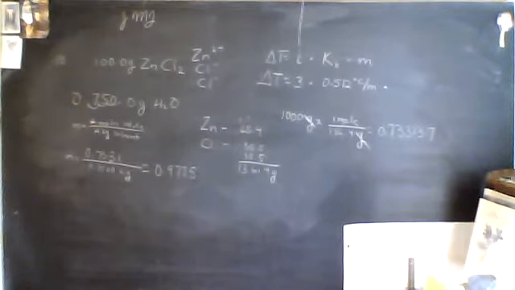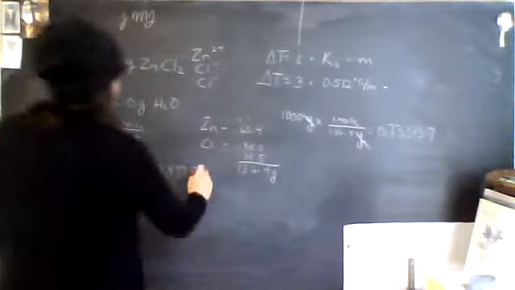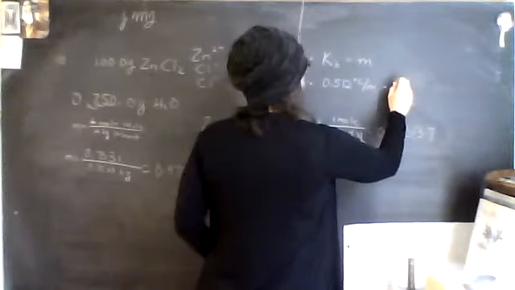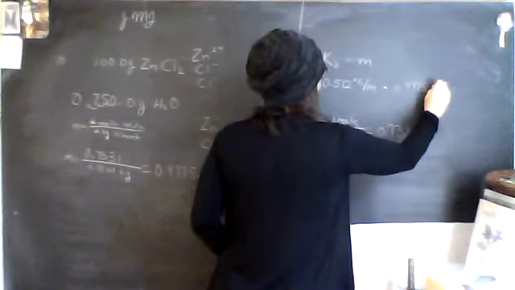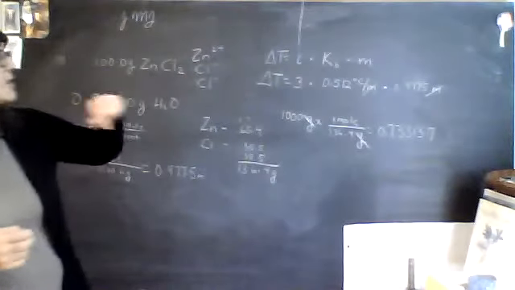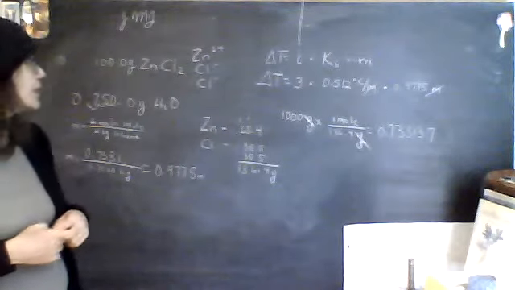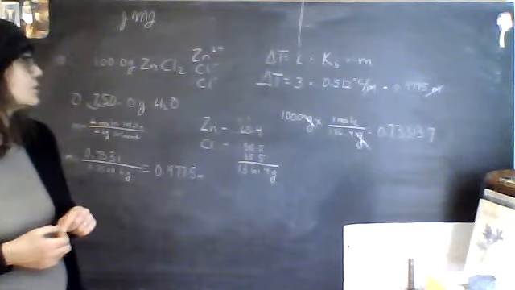Okay, so now we can use this molality. We're going to finish our delta T equation: 3 times 0.512 times 0.9775 molality. Molality will cancel.